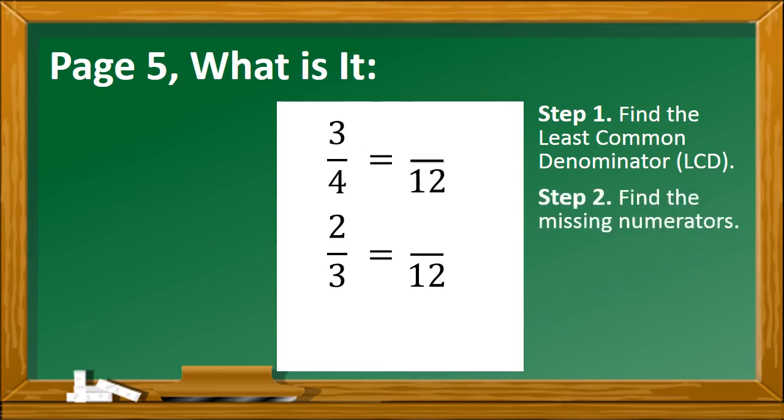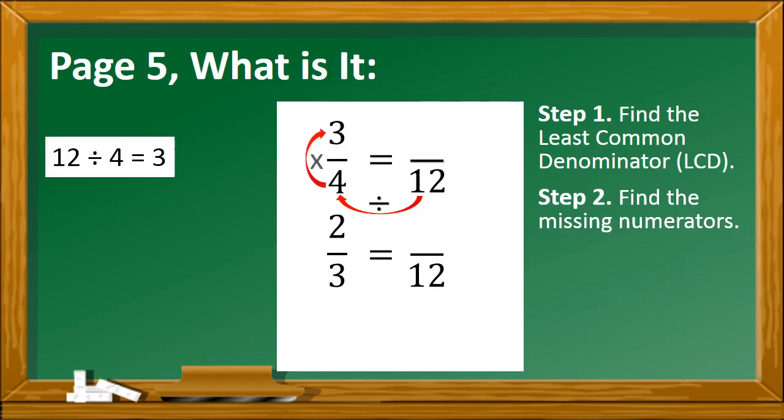Find the missing numerators. For 3/4, we divide the denominators. 12 divided by 4 equals 3. Times the numerator 3. 3 times 3 equals 9. Therefore, 3/4 equals 9/12.